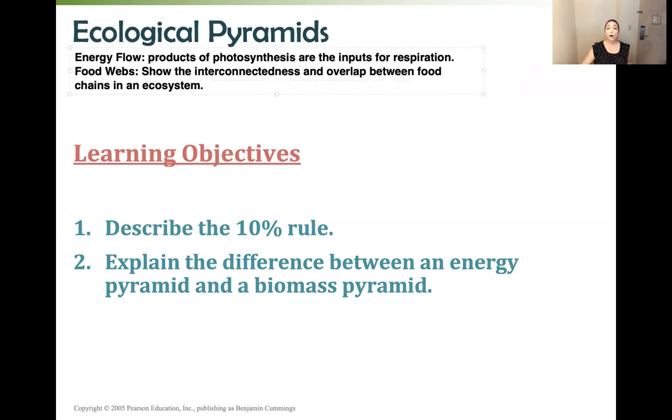So now we are moving on to ecological pyramids. So you need to be able to describe or explain the 10% rule. And you also need to be able to explain the difference between an energy pyramid and a biomass pyramid. So let's move on.